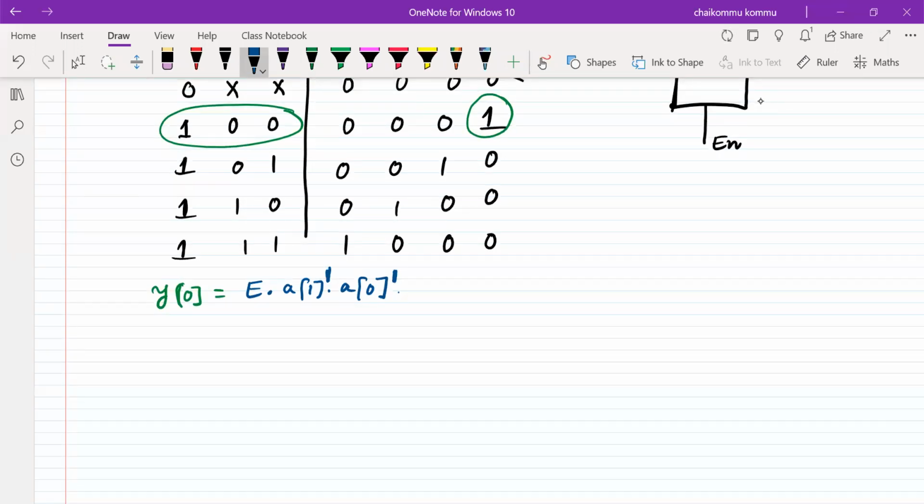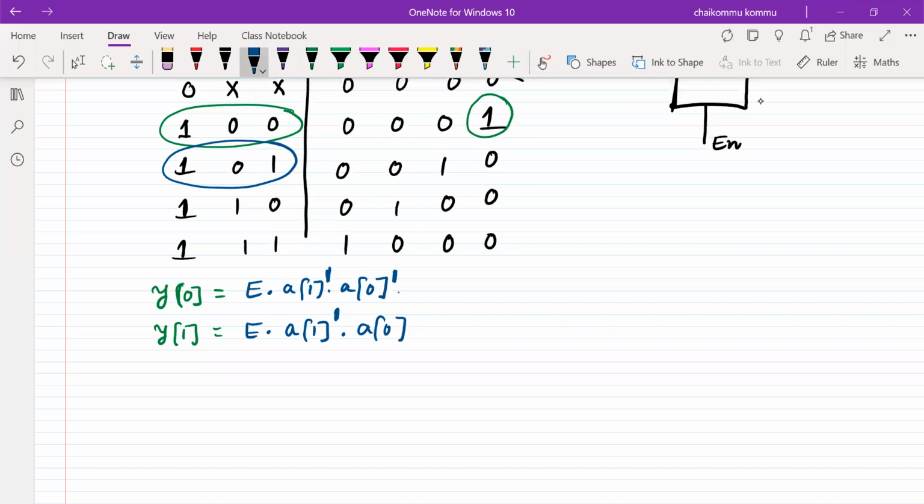Now what will be Y of 1? Y of 1 requires the enable signal, and this pattern is responsible. So A of 1 complemented version is required, but A of 0 is as usual.